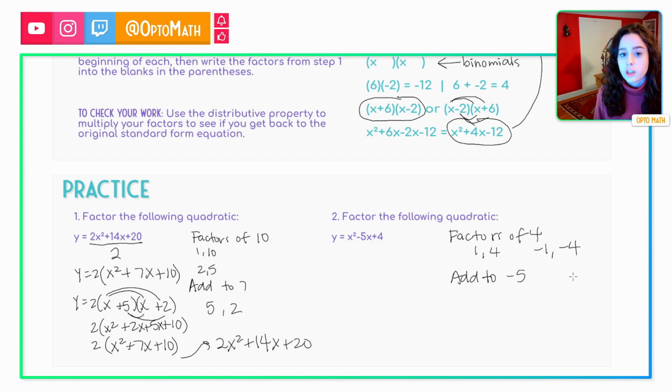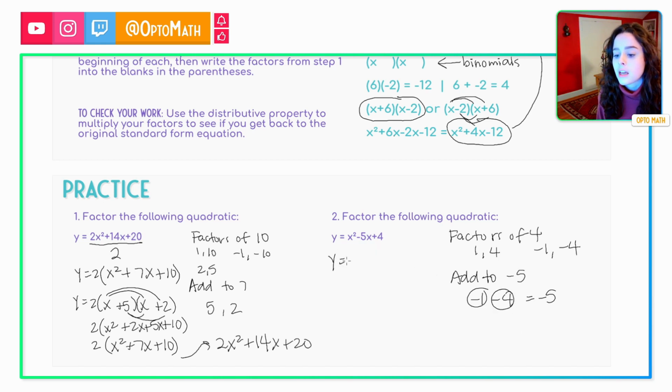I didn't even address the fact that you could have a negative 1 and a negative 10 for our factors of 10, because it's a positive 7. You're not needing a negative number, so I didn't even really address that, but that would also work over here. But it is important to look at it here because notice our b value is negative. So negative 1 minus 4 equals negative 5. So those are our two numbers we're looking for.